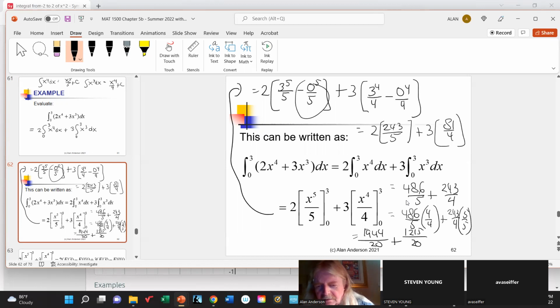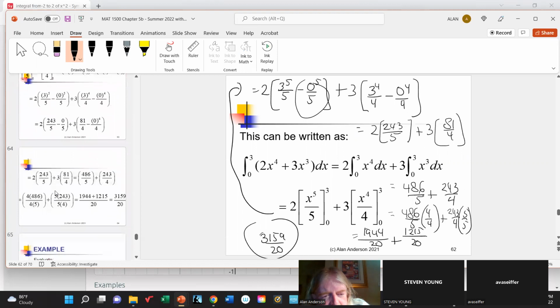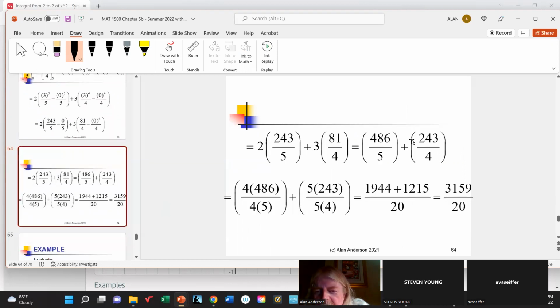Okay, wow, what a mess. Okay, so I hope I haven't made any dumb mistakes. I've got 3159 over 20. No, that was it. Okay, perfect. So yeah, here, I typed them all out. I just wanted to see exactly what I was doing. So it's 3159 over 20.